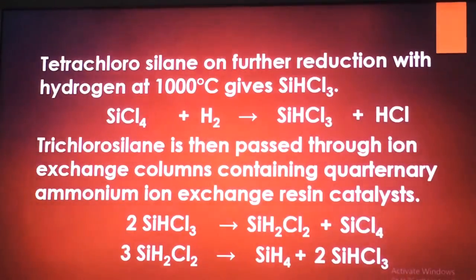These products will be separated by distillation. This trichlorosilane and tetrachlorosilane will be sent back to the hydrogenation reactor and to the ion exchange resin columns for recycling. Now the silicon hydride or silane which is obtained is further purified by distillation.